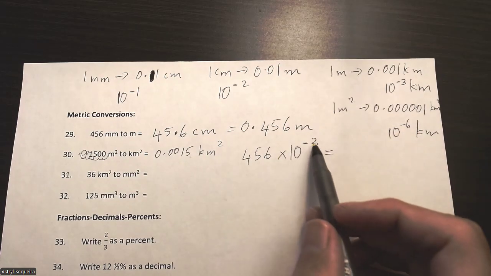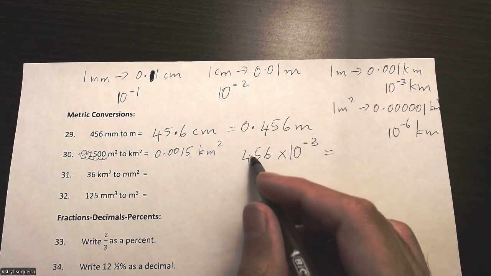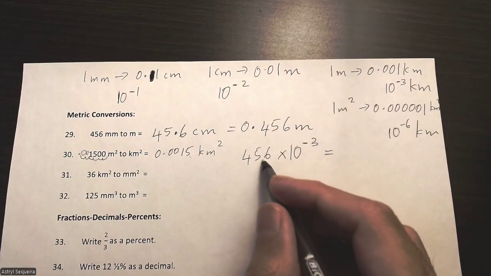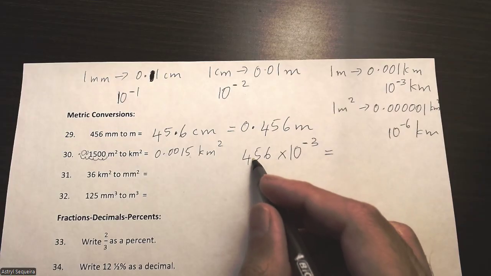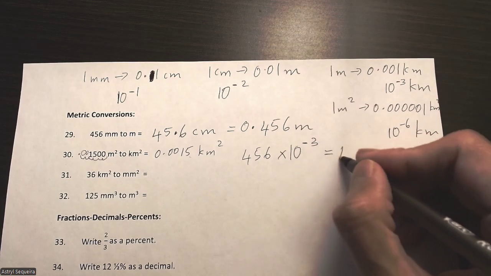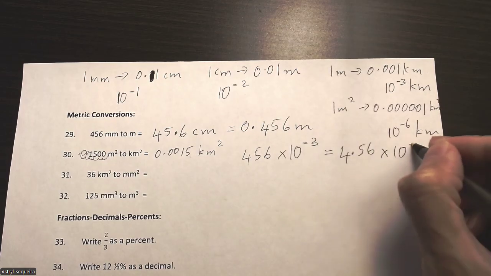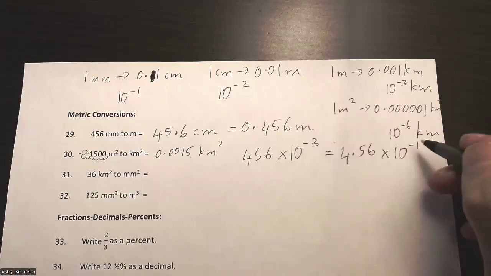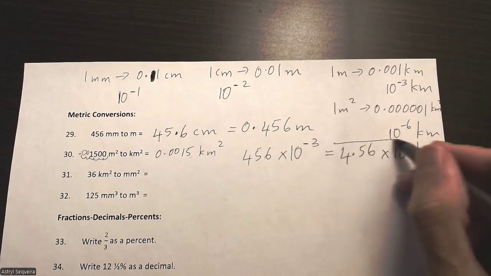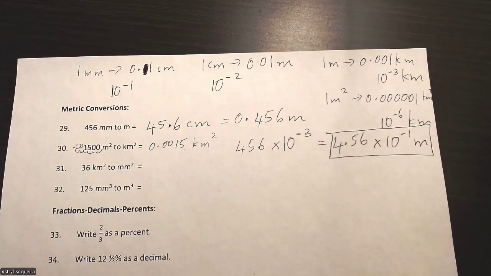I have to move the decimal place to the front, 2 times. Since I moved it 2 times, I'm going to increase the exponent by 2. So the final answer is 4.56 times 10 to the negative 1 meters. That would be my answer in scientific notation. I think they intend these to be done that way because the solutions are like that.